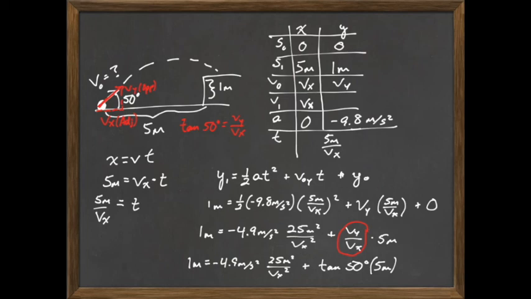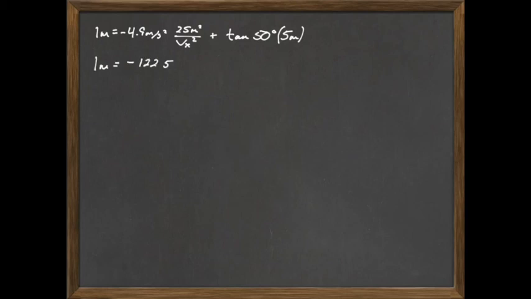I'm going to start with a new slide to do this. The last equation we had: 1 meter is negative 4.9 meters per second squared times 25 square meters over Vx squared, plus the tangent of 50 times 5. We're going to do some basic algebra steps here. Negative 4.9 times the 25 gives me negative 122.5 over Vx squared.